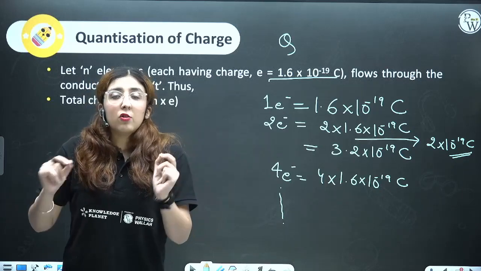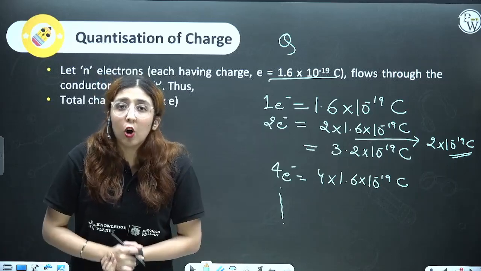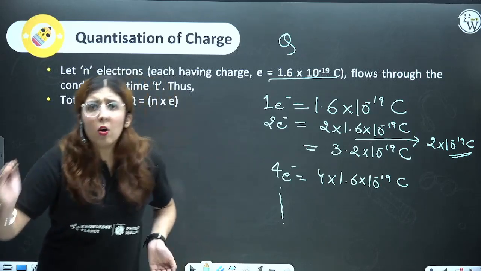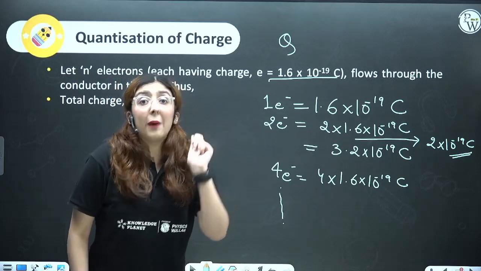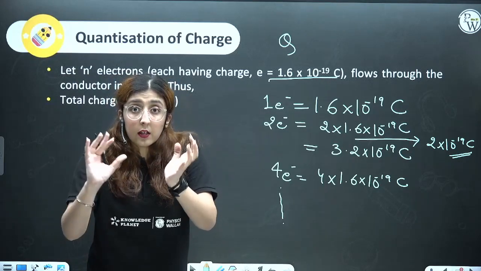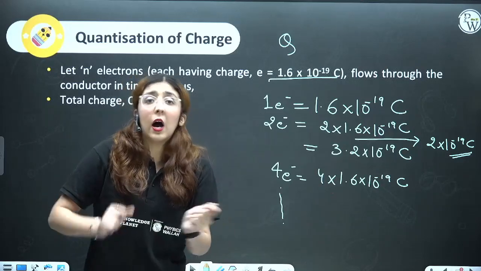So quantization of charge is nothing but, when we are talking about the total or net charge on a body and there are many electrons on it, we are bounded so that the number of electrons should be in the natural form, with no decimal, no half, no 1/4.